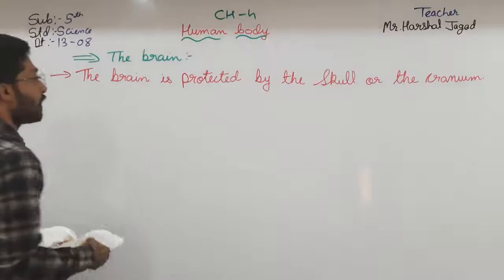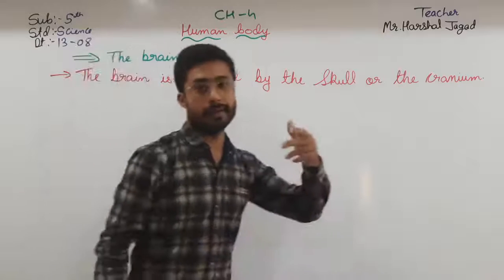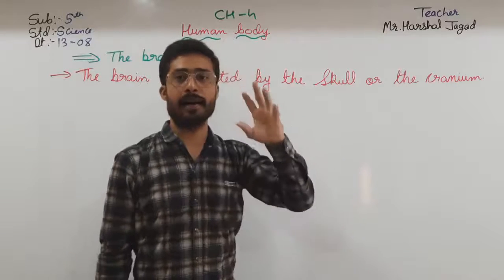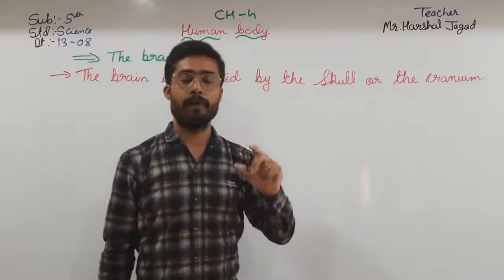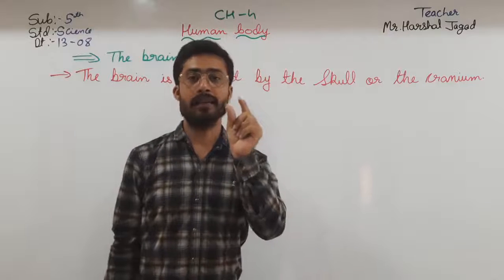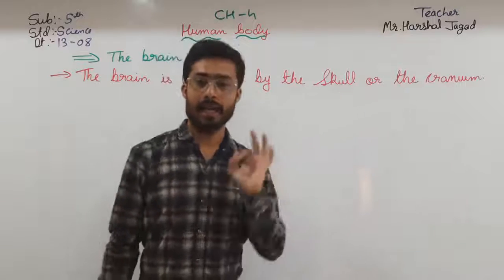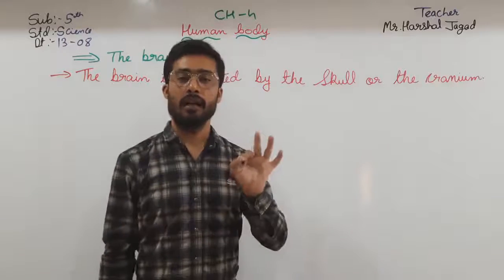Here the layers are there. First of all there is a skull which is on the outside, which is hard, and then after that comes the brain. The space in between the brain and the skull or cranium is filled with a liquid.